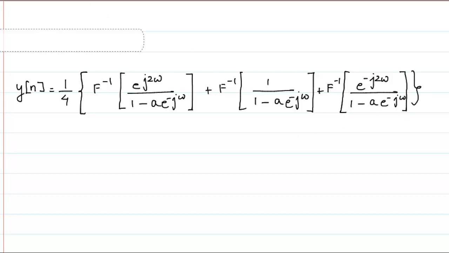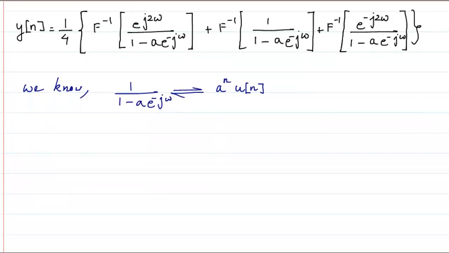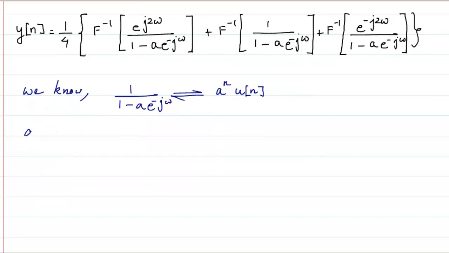Now we know that 1 divided by 1 minus a e raised to power minus j omega can be written as a raised to power n u of n. We have already seen that. And we use the time shifting property.